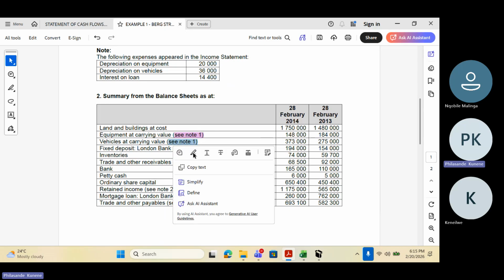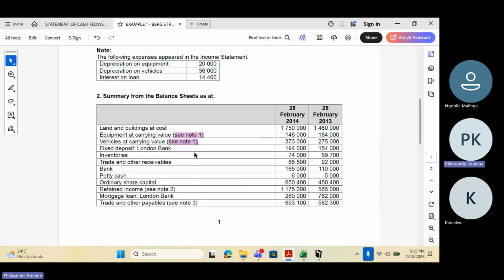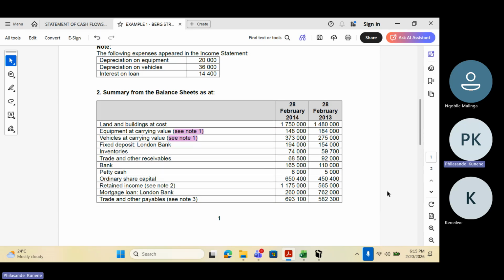See note 1, which means there's something that affects vehicles that we need to look at there. And then here, they gave us retained income, but we must look at note number 2, which is giving us information about retained income. And then we must see note number 3 for trade and other payables. Okay, and then it gave us the amount here.